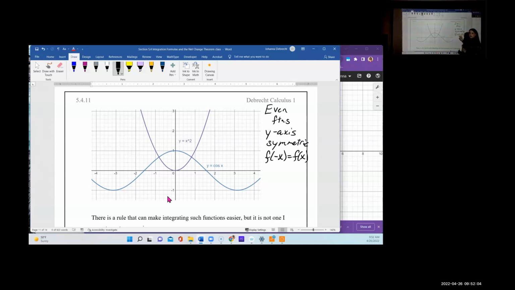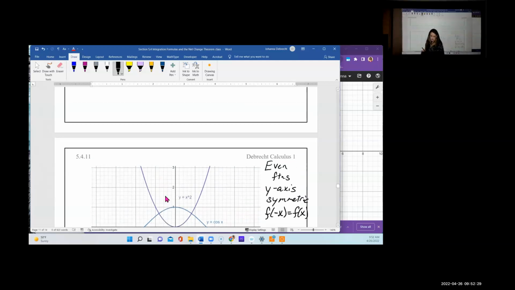If you replace x with negative x and you get the same thing, it is an even function. Cosine of x, which is here in blue, is also an even function. You can tell because it folds on the y-axis. If you make the y-axis the crease of the paper, the two parts will lay together perfectly. So that's an even function.